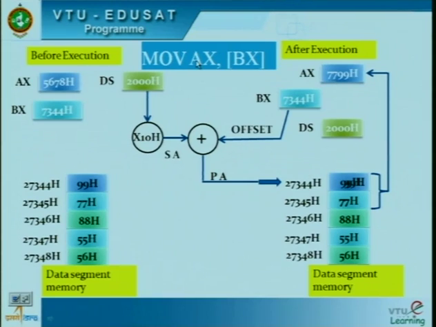My dear students, please remember, memory is byte oriented. What do you mean by memory is byte oriented? Every memory location accommodates 8 bits of data. So if I am trying to receive 16 bits of data from the memory, then that 16 bits of data comes from two consecutive memory locations.